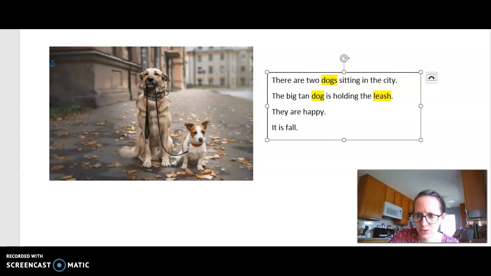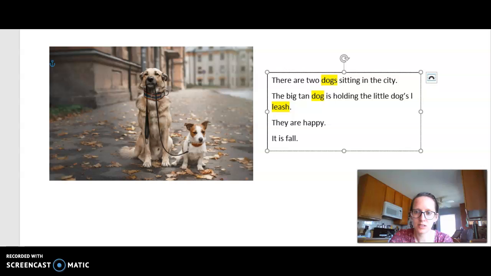What color is the leash? Or what type of leash is it? You could say the big leash, the long leash, the black leash. Or you could say the small dog's leash. That could be something else. So I'm going to put the little dog's leash. This apostrophe right here, I put in there because remember, if it's saying it belongs to somebody, you're going to use an apostrophe.